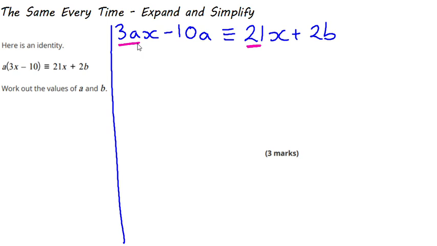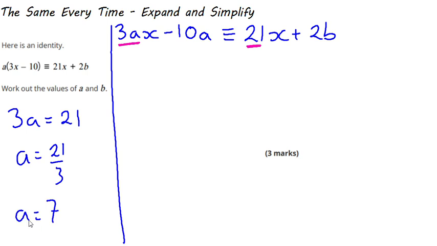So 21 and 3a must be exactly the same thing. 3a equals 21, so a would be 21 divided by 3. That gives us a is equal to 7. So A equals 7 is our first letter for that particular question.